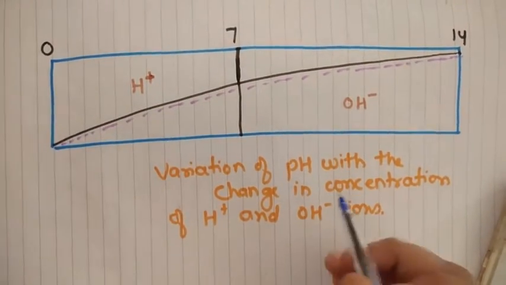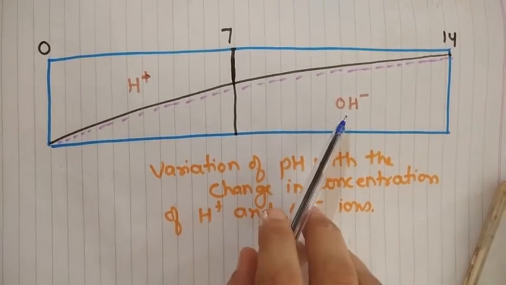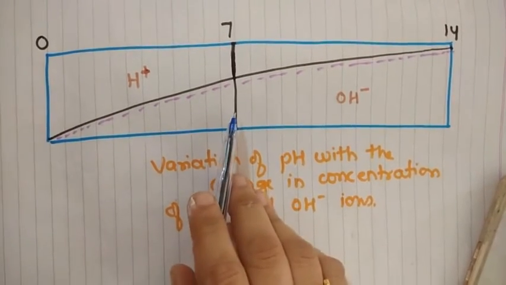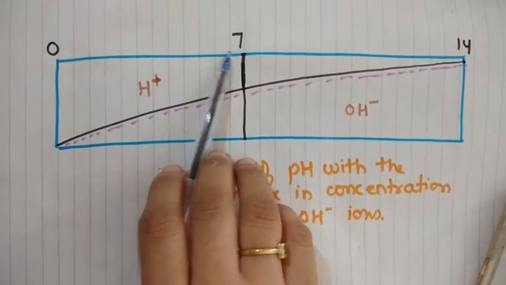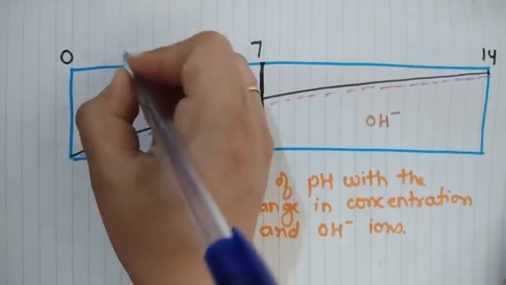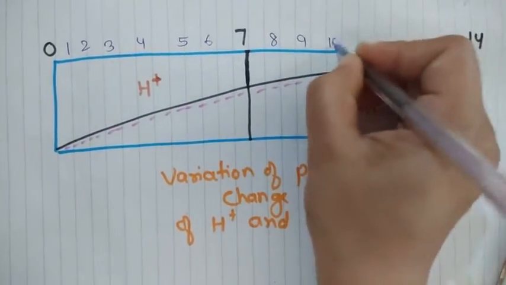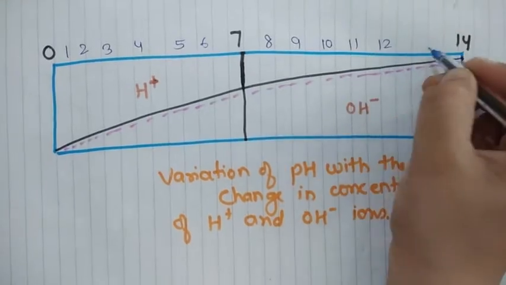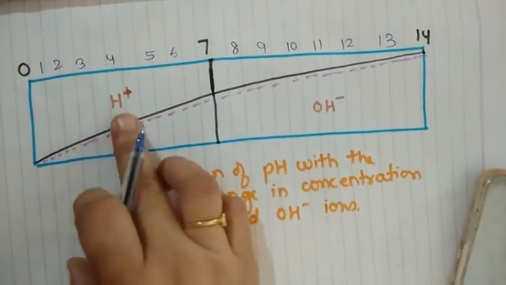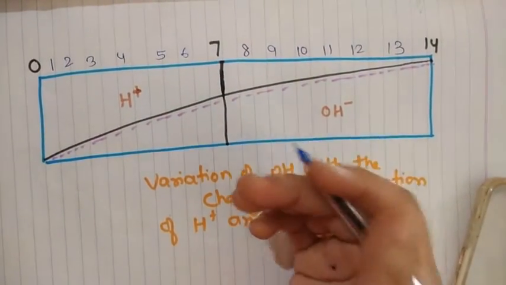Let us understand the concentration of hydrogen ion and hydroxyl ion with the help of this graph. We can see the values from 7 to 6, 5, 4, 3, 2, 1 and 0, and 8, 9, 10, 11, 12, 13 and 14. You can see there is a variation in the hydrogen ion and hydroxyl ion concentration. How is this happening?